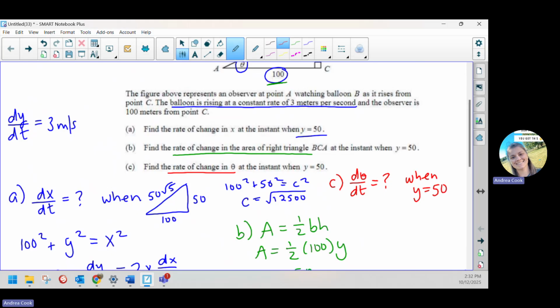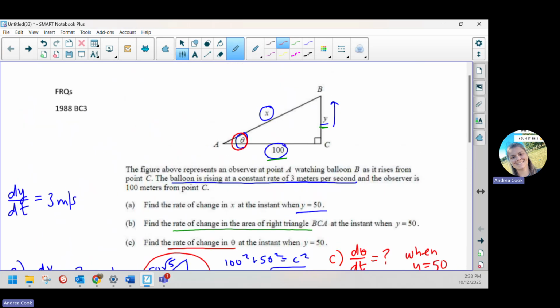So we already found over here when y was 50, x was 50 root 5. So now we need an equation that involves theta. I want to use the 100. And because they gave us dy over dt here, I'm going to also use y.